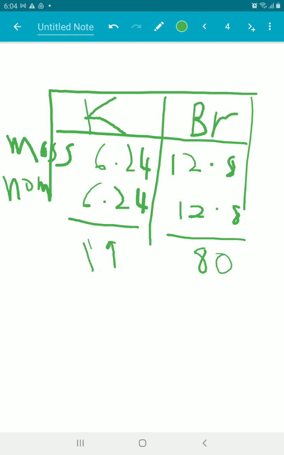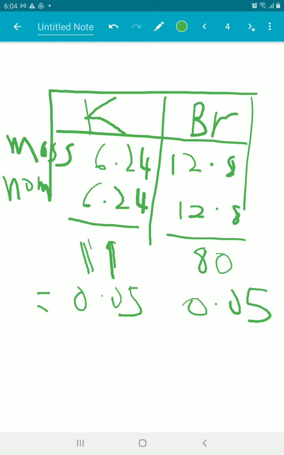This one divide by 19 and this side divide by 80. So you calculate, let's say you have the answer 0.05 for potassium and for bromine also 0.05 mole. You calculate this yourself, I don't have a calculator, so I just assume. So 0.05 and 0.05 is the number of mole.